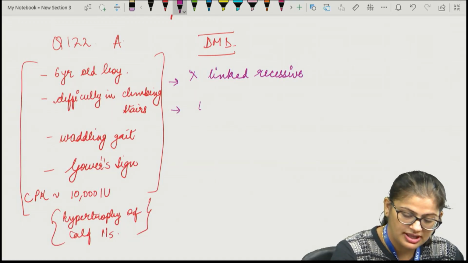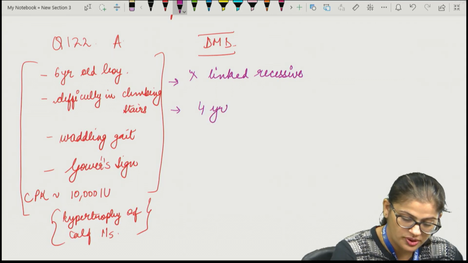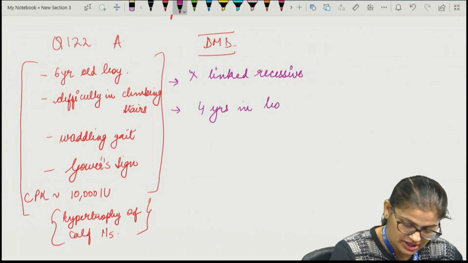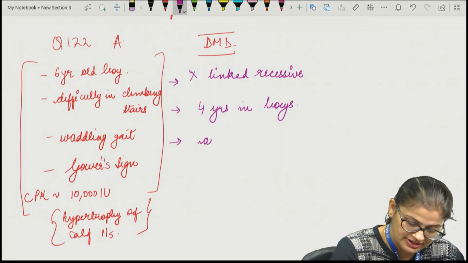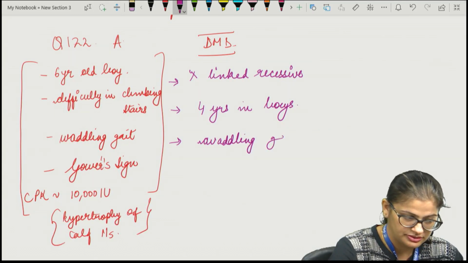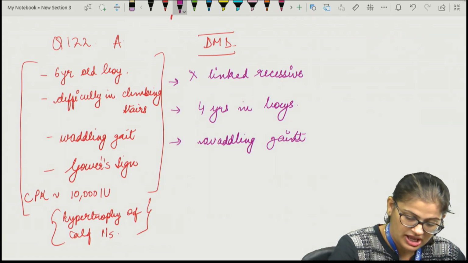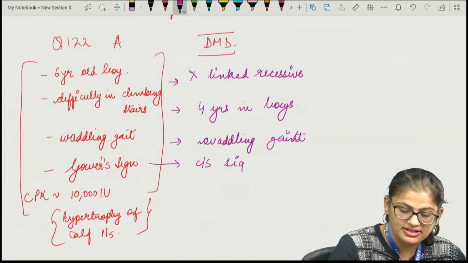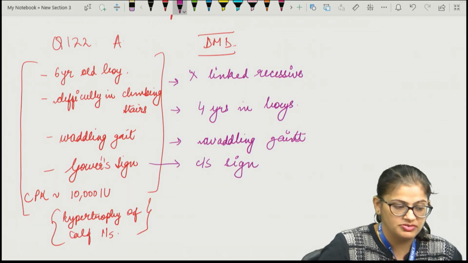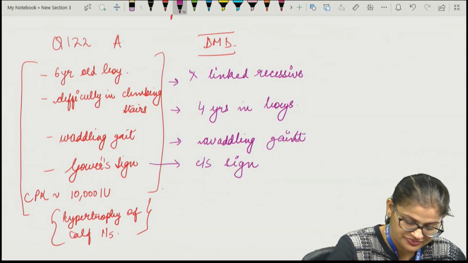Symptoms usually begin at the age of 4 years in boys, and symptoms may begin with a difficulty in walking or a waddling gait. And Gowers sign is a characteristic sign that is seen in examination which indicates that there is a proximal muscle weakness.